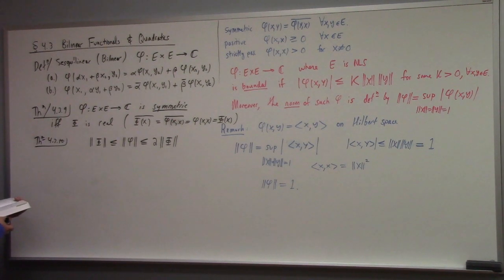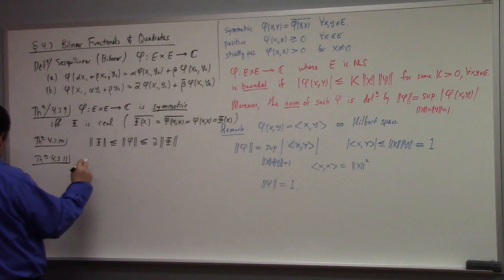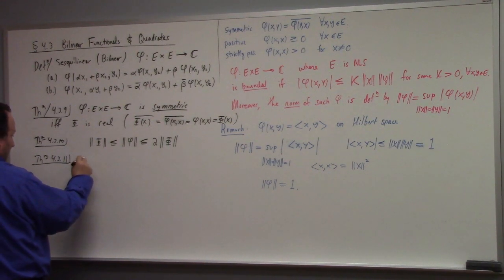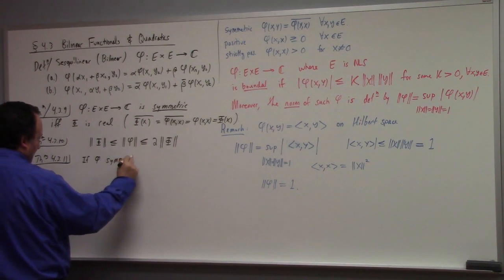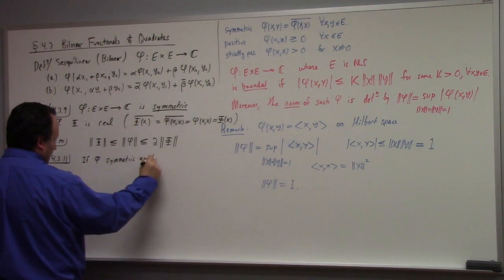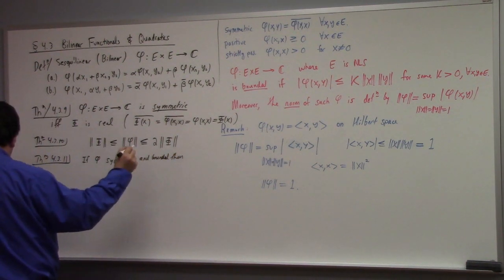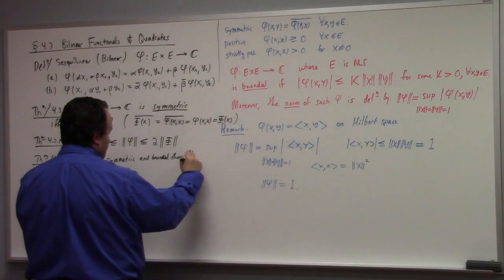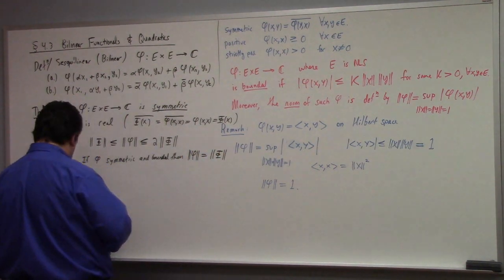If phi is symmetric and bounded, then their norms are equal. The norm of the bilinear form is equal to the norm of the associated quadratic form.